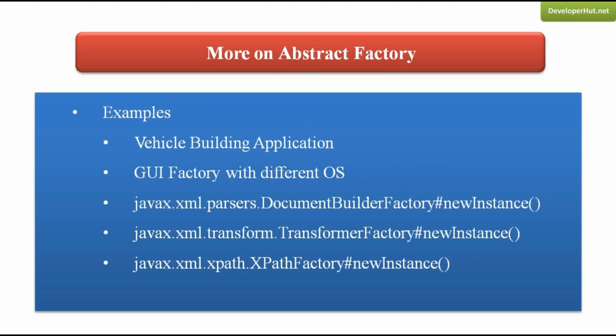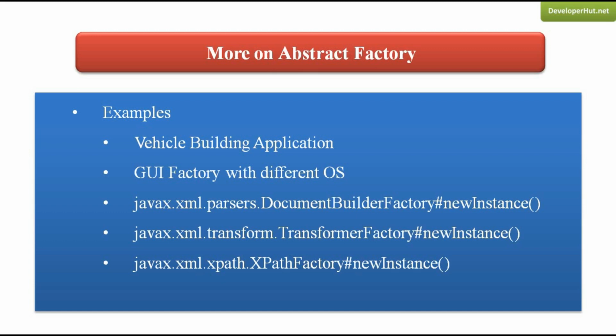Okay, now the real life examples. The first, we just saw our car building application, vehicle building application, right? Where we have created different types of four-wheeler vehicles, right? Then another example can be the GUI factory with different operating systems, like you are creating GUI components like buttons or checkboxes for different operating systems, maybe Windows, Linux or Mac, right?